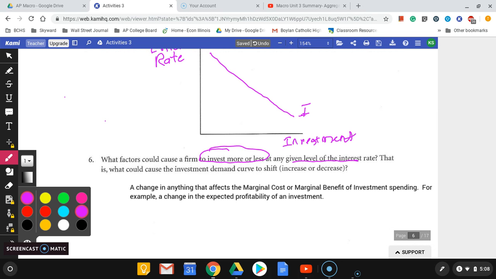And then question 6 asks, what factors could cause a firm to invest either more or less at any given level of an interest rate? So what could cause the investment demand curve to either shift to the right or shift to the left? And the answer to that would be a change in anything that's going to affect either the marginal cost or the marginal benefit of that investment spending.